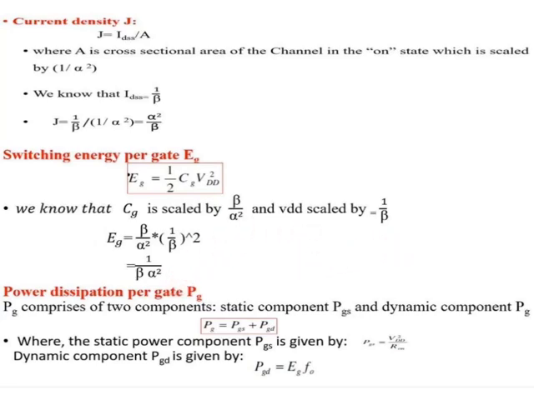Power dissipation per gate comprises the static power dissipation and the dynamic component. So total power dissipation Pg is Pgs plus Pgd. The static power component is given by VDD square by R1, and the dynamic power component is the switching energy per gate multiplied by the operating frequency.